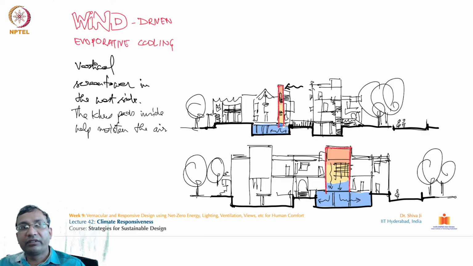Further to this, in the wind driven evaporative cooling technique, there are some more examples in this area, even utilizing the vegetation, at what distance they should be, what the height of these trees should be to have a shading effect on the building, creating a buffer zone of air, creating a cooler ambient temperature in this vicinity.